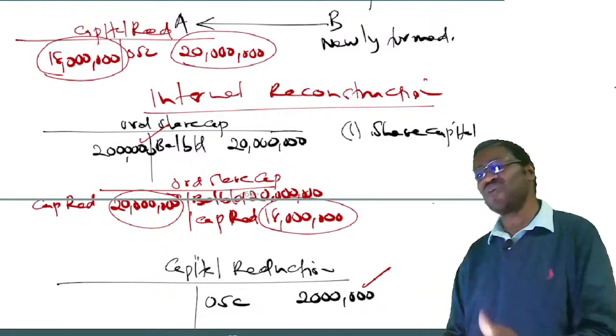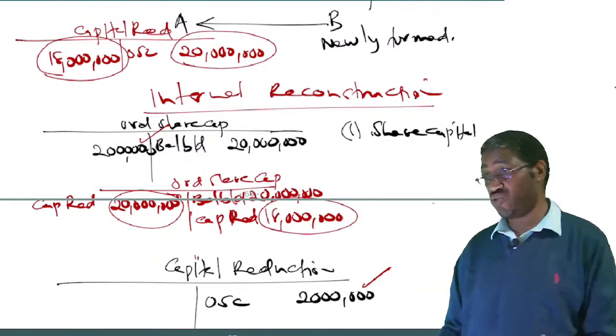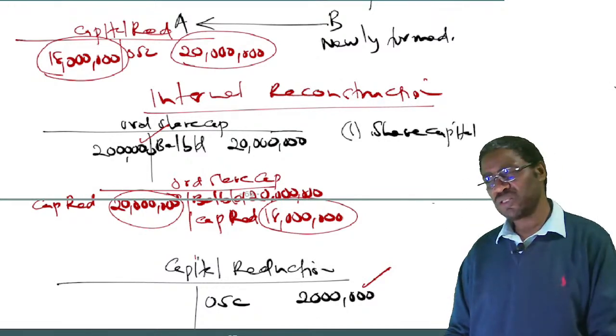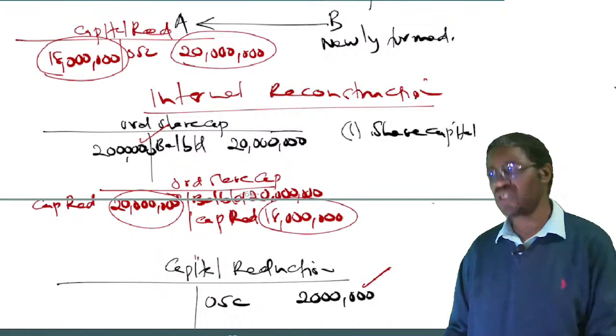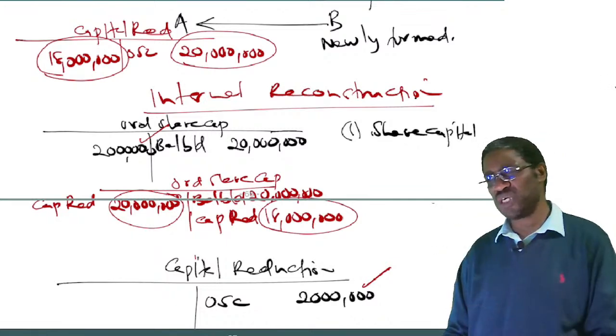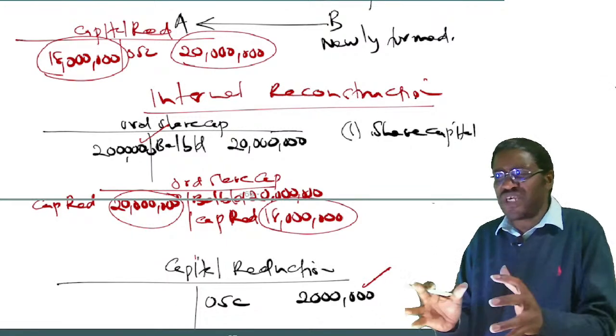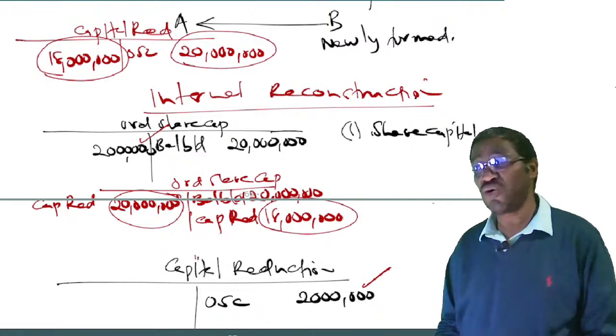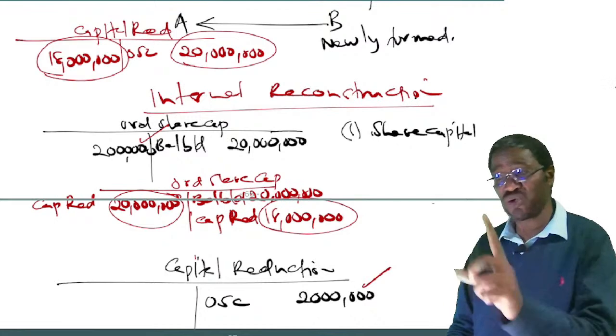So effectively you are reducing the capital by 2 million, which is the same as being told to write off 1 shilling per share. Whichever approach the examiner uses, you are still going to reduce the capital of the company.